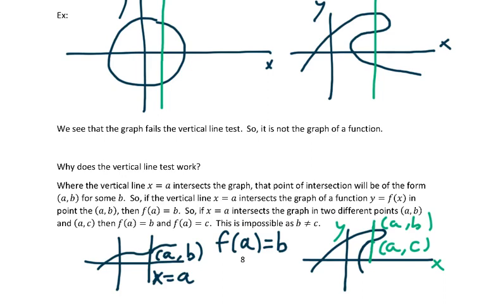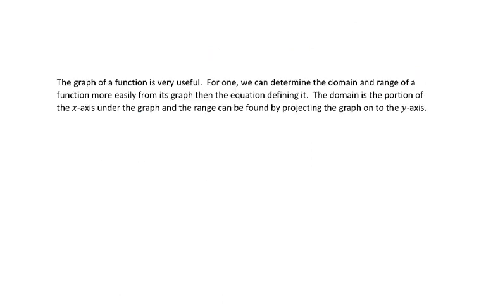They're not equal, but their x coordinates are the same. Well, it's just like a relation. You can't have that if it's going to be a function. What's going to happen is f of a would have to be b, but f of a would also have to be c. Unless b is equal to c, which is not the case here, that function is sending a to two different outputs, which in a function cannot happen.